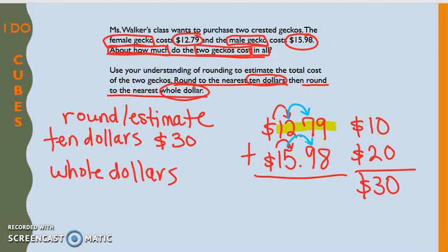For 12.79, the 7 determines that we're going to estimate the female gecko is about $13. And the male gecko, because we have a 9 in the tenths place, we're going to estimate costs about $16. So in total, to the whole dollar, our estimate is that the geckos will cost about $29.